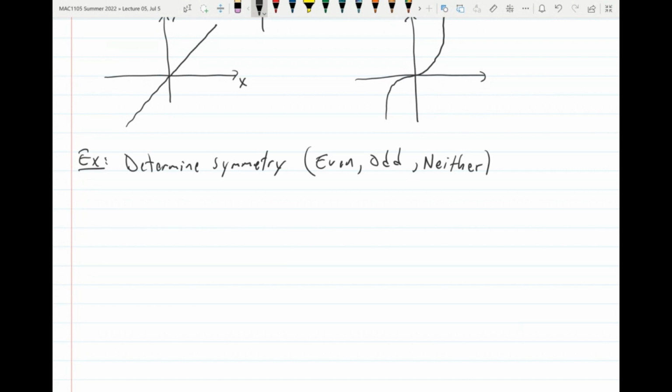But when we say neither, it's neither even nor odd. It could be another type of symmetry, like symmetry with respect to another line or something else. We're not talking about that. We are specifically talking about symmetry with respect to the y-axis, symmetry with respect to the origin, or none of the two. That's what neither means, none of those two. But you always do the same thing. Plug in negative x and then determine. So let's do.